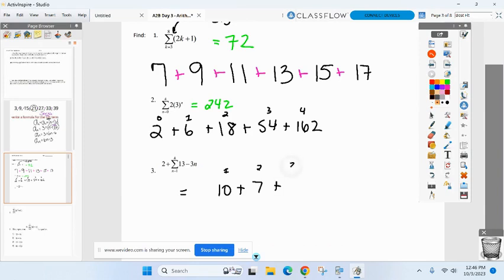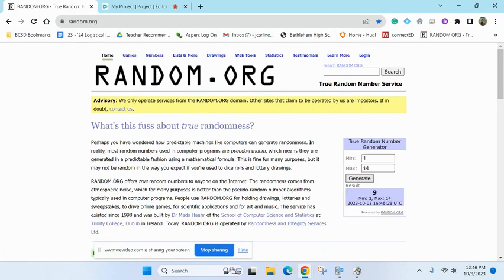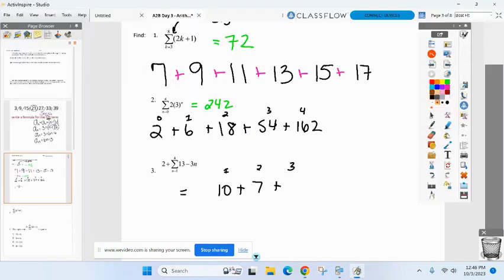Now I'm plugging in 3, everyone. I'm plugging in 3 for n. 9, Harper. Wait, pause. Wait, which one are we on? I plugged in 1 and got 10, plugged in 2 and got 7.